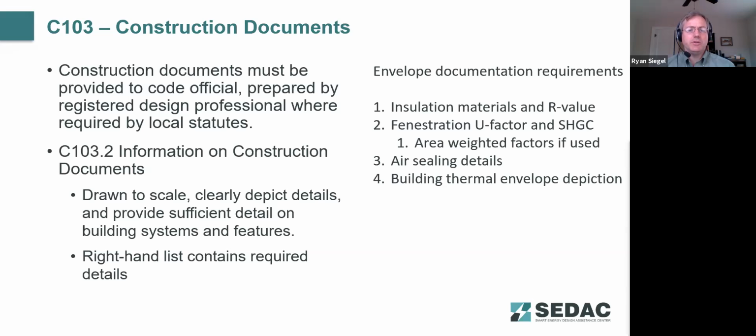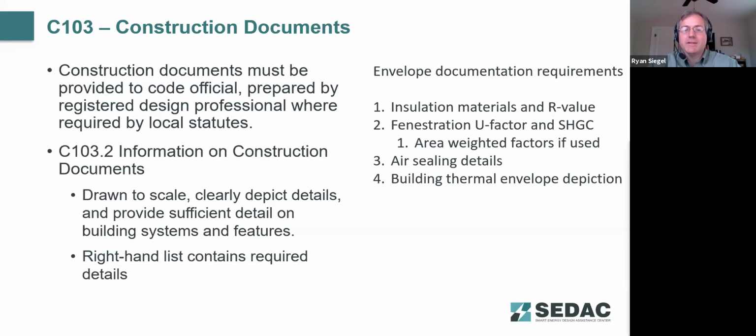Not only is this useful for the plan review, but also for constructability, being cognizant that if I provide enough details, the contractors are able to execute the desired installation to a good degree. The list here on the right-hand side of the screen does call out the envelope items that have to be provided in this documentation.